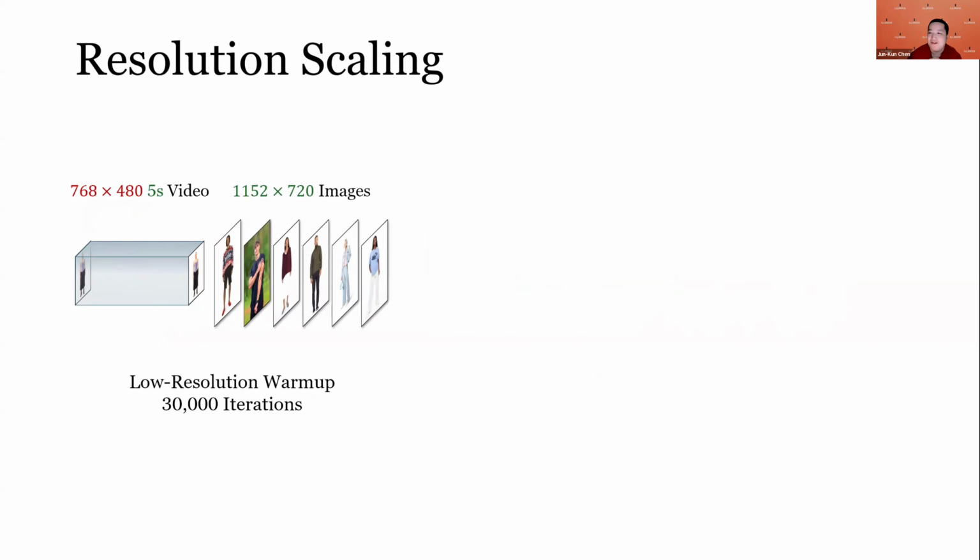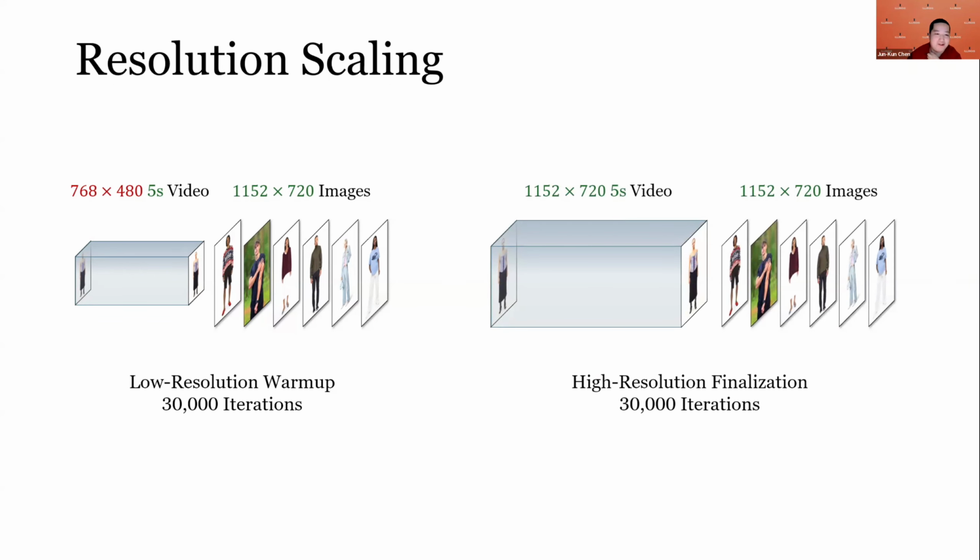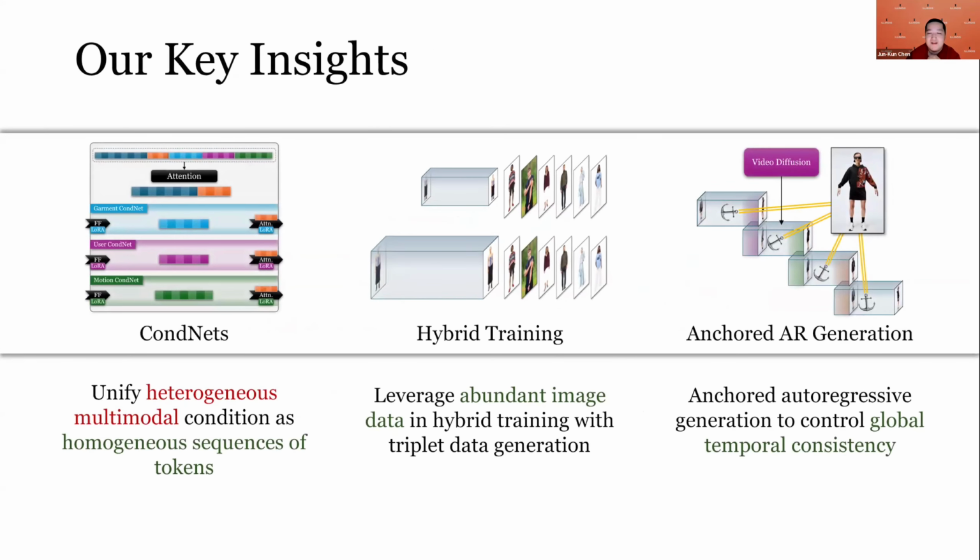During early training, we use low-resolution video and full-resolution images, allowing faster training and convergence while, at minimal cost, preserving both the high-resolution capability and the 5-second capability of the pre-trained diffusion model. And then we can move to the full resolution to still reach the desired quality. So with this training strategy and our architecture, we can achieve high-resolution try-on as short videos in Dress and Dance.